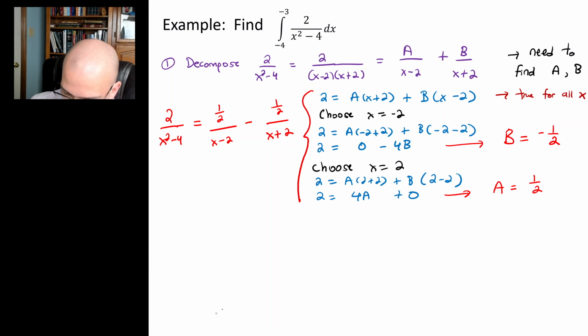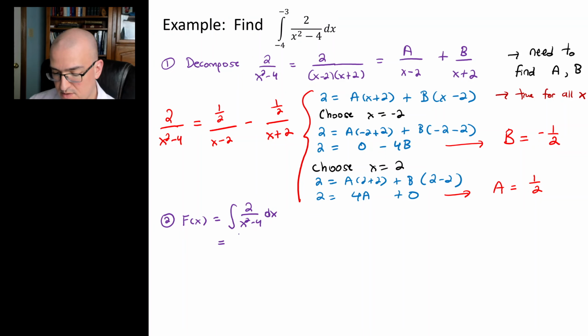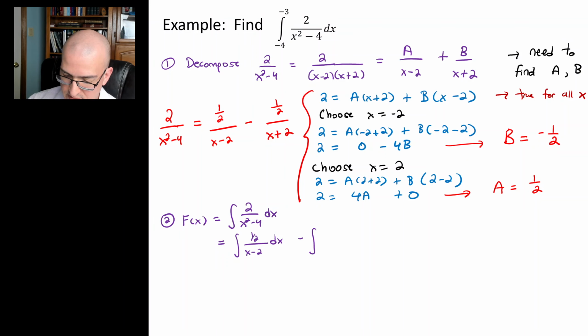Now step 2. We're going to find the antiderivative. So the integral of 2 over x squared minus 4 dx, by throwing in the decomposition, is the integral of 1/2 divided by x minus 2 minus the integral of 1/2 over x plus 2.